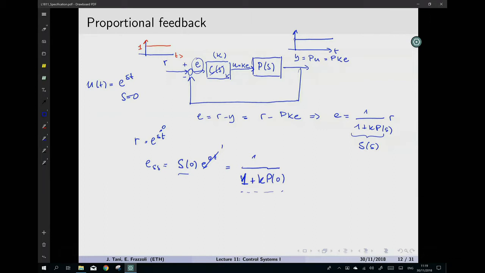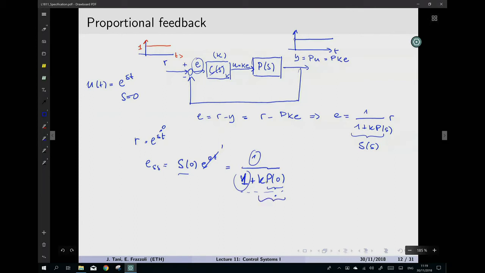It's given by that exact equation, P evaluated at 0 is something we can call a number. So when is the steady state error 0? 1 is a 1, we can't really do anything about it.